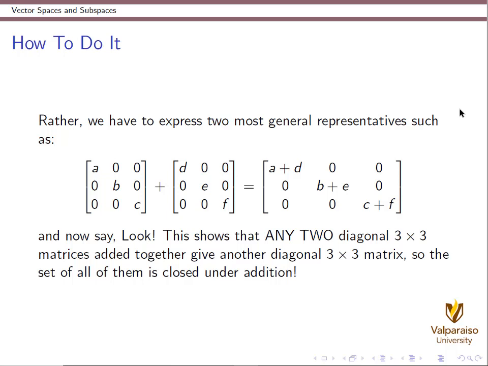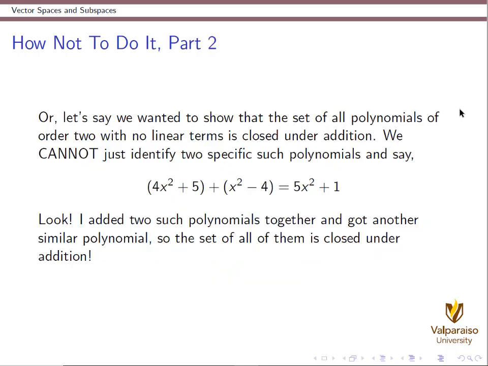It doesn't matter what A, B, C, D, E, and F are. We see that any two arbitrary 3x3 diagonal matrices will add together and produce yet another diagonal 3x3 matrix. And again, it doesn't matter what specific numbers are in place because we did not put in any specific numbers. And so this is a demonstration that that subset is closed under addition.